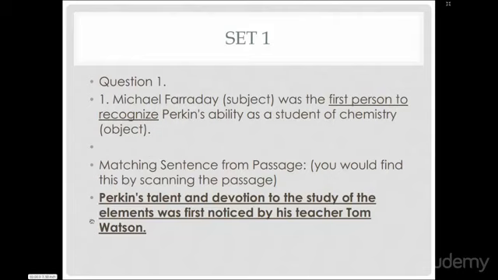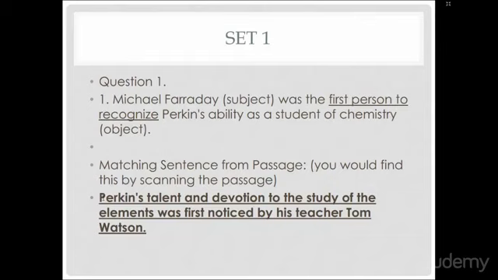Looking at the passage sentence, it says Perkins' talent and devotion to the study of the elements was first noticed by his teacher, Tom Watson. So here we have two different subjects as the person who first noticed. In the question, it says Michael Faraday was the first person. In the passage, it says he was first noticed by his teacher, Tom Watson.